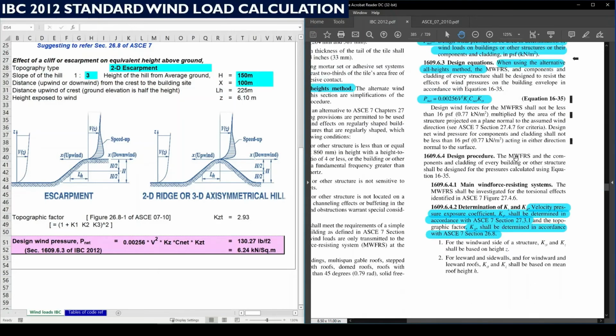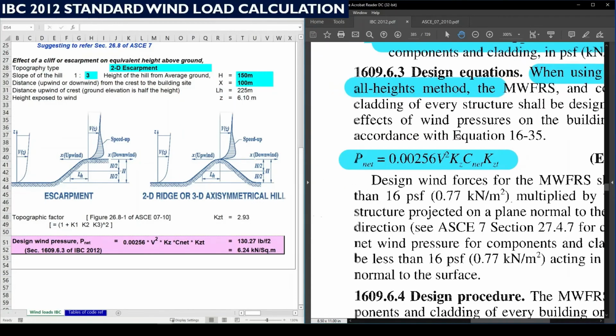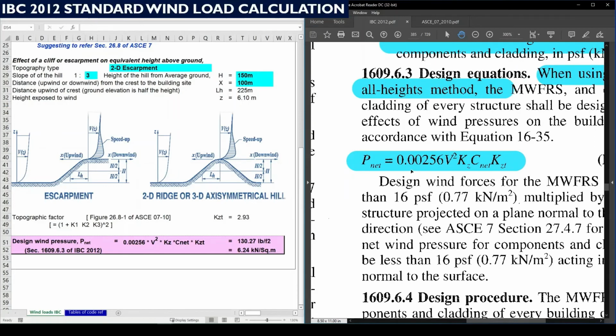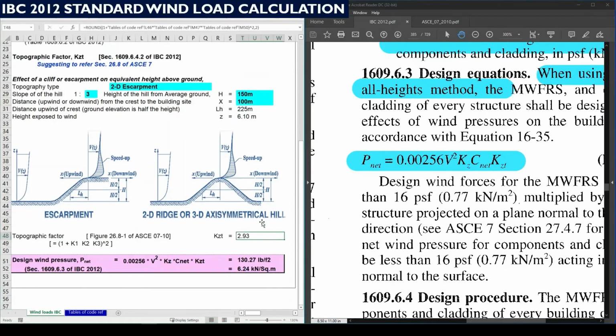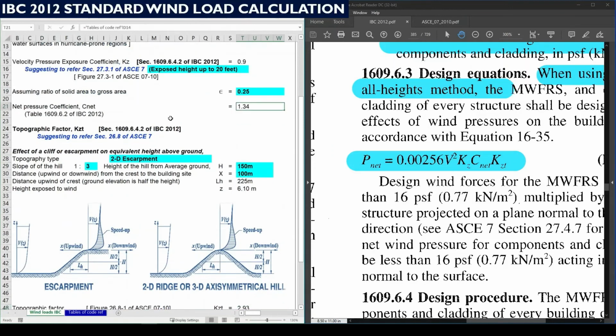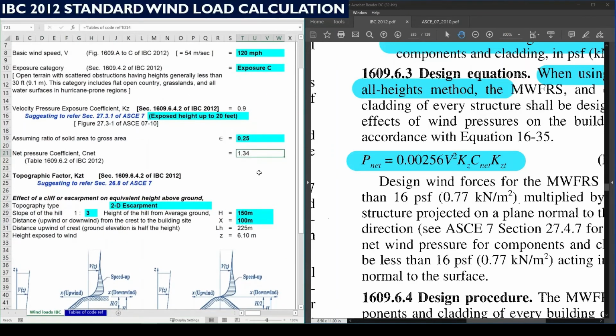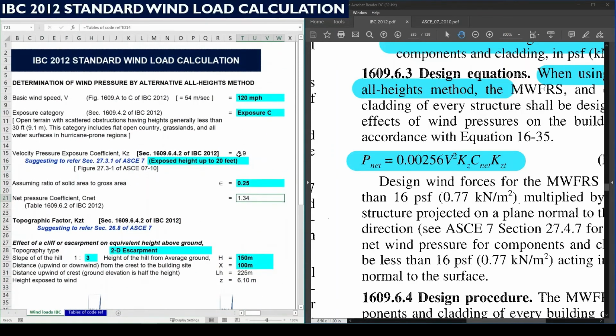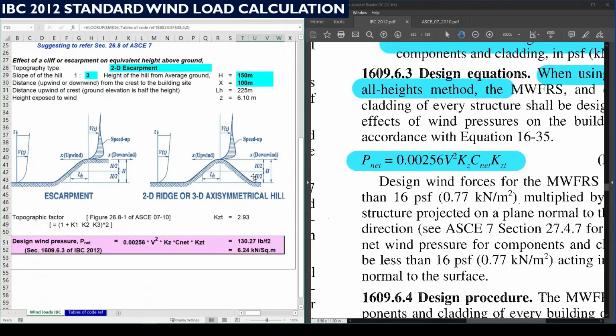Here is the formula you can see: P net equals 0.00256 V square Kz C net into Kzt. So we have Kzt here. C net we just calculated as 1.34, and the velocity pressure exposure coefficient Kz is 0.9.